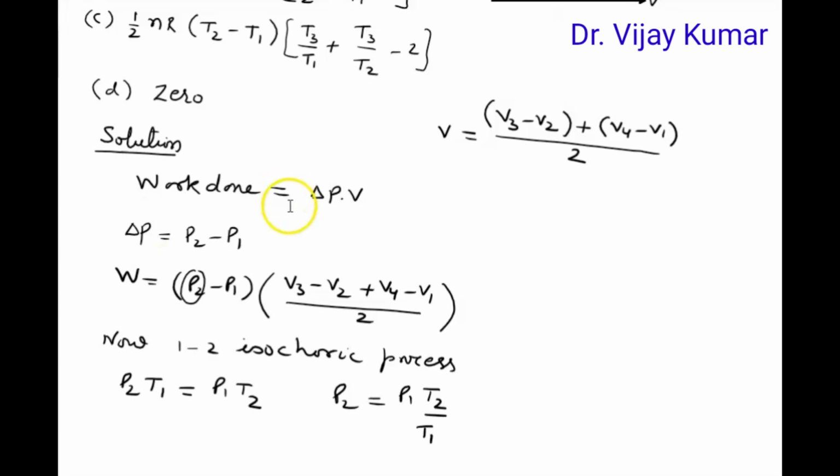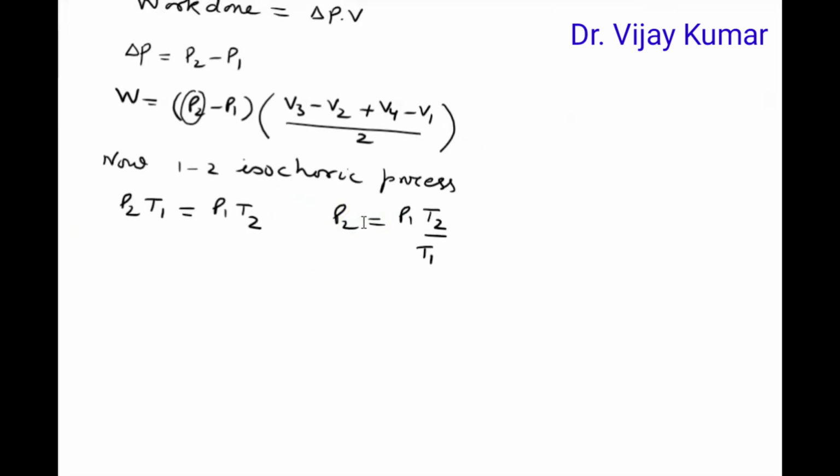Similarly we have to solve for process 2 to 3. In 2 to 3, V3 T2 should be equal to V2 T3, and we require V3, so V3 should be equal to V2 T3 upon T2.